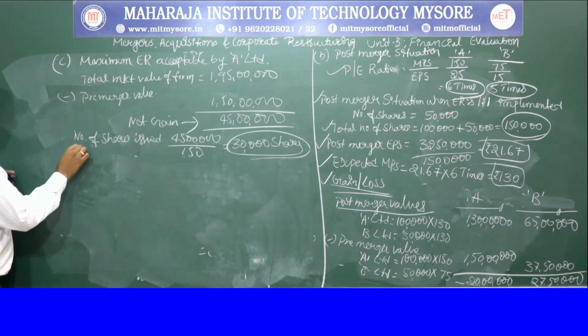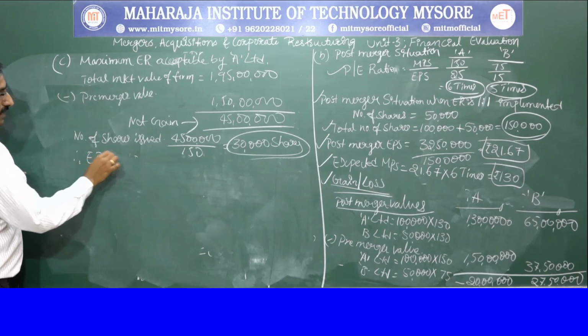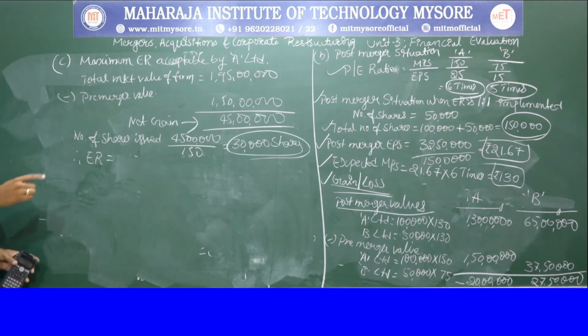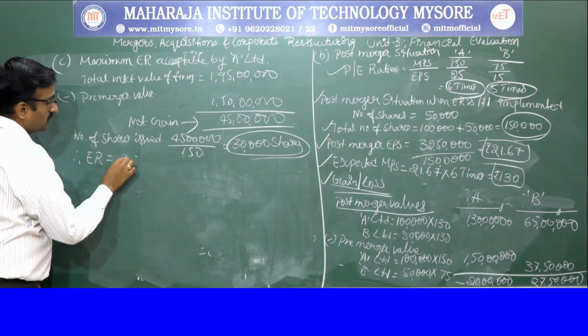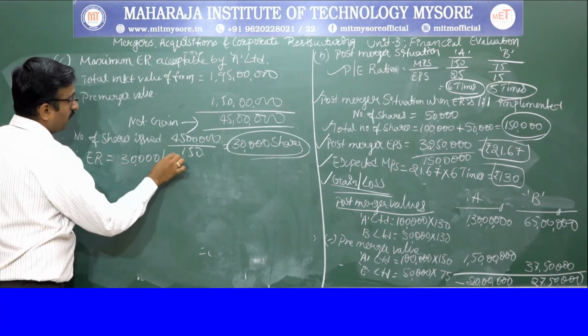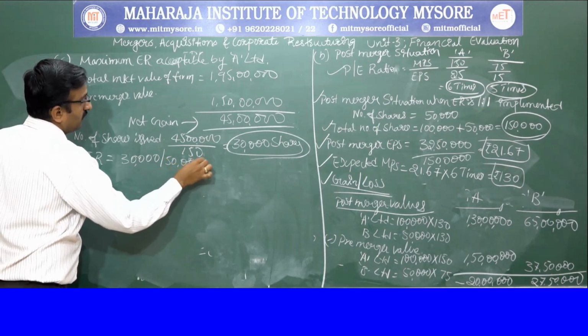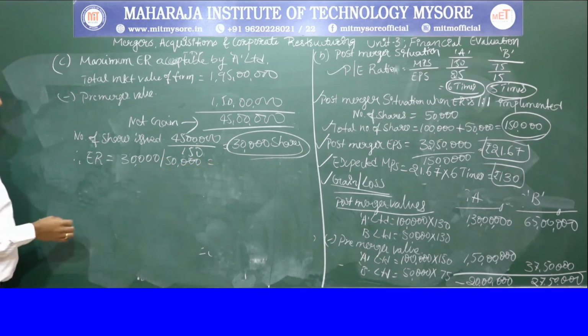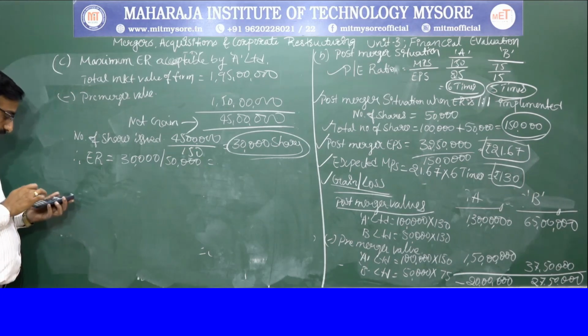Then what is the exchange ratio? Exchange ratio is the 30,000 shares we got, divided by the number of shares the seller company is having, it is 50,000. So, how much you will get?